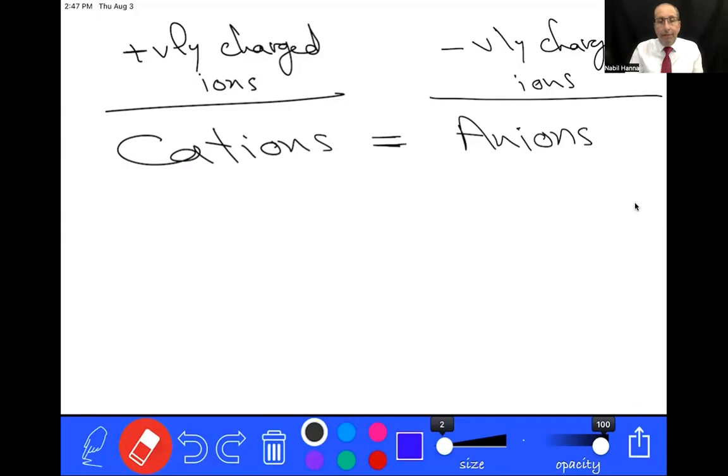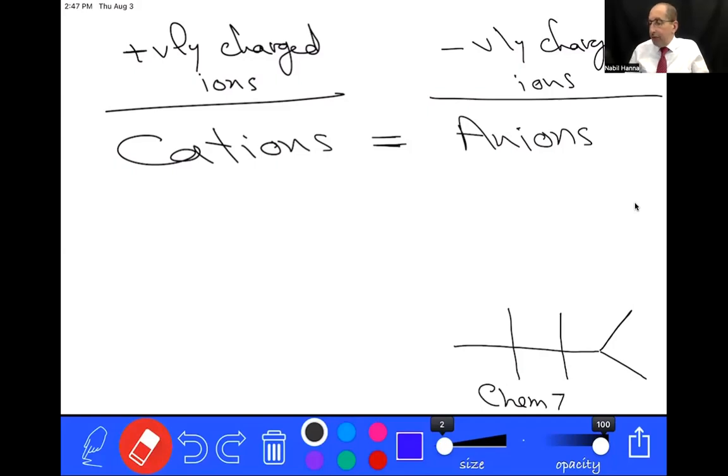And there are many panels, many tests that can measure the body cations and the body anions. One of these chemistry panels is the famous fishbone, or Chem7.